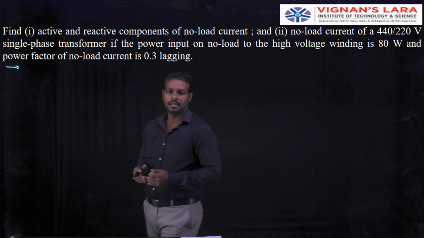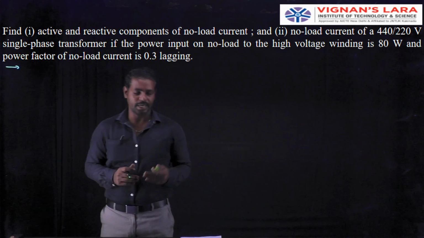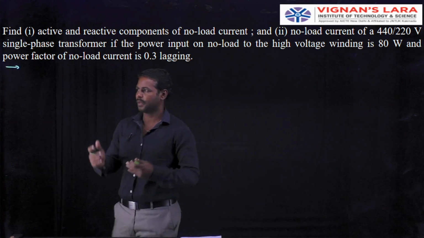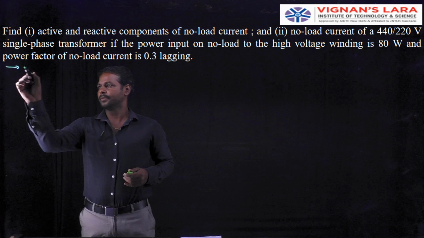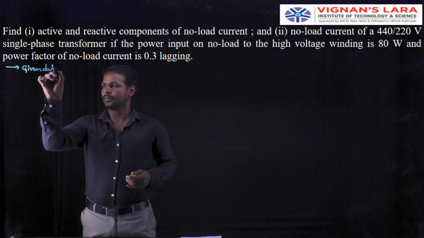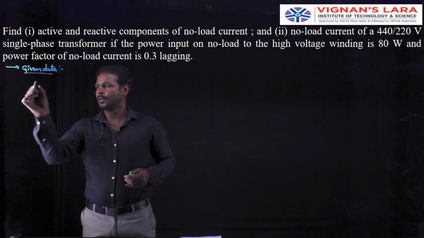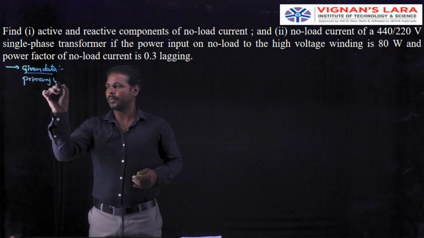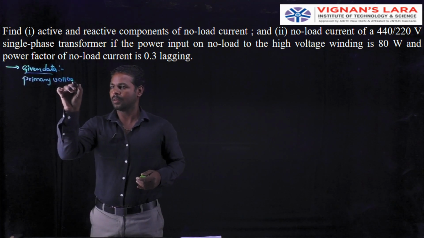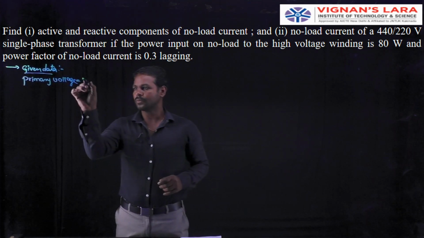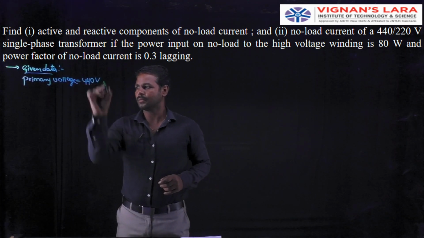These two components exist whenever the transformer operates on no load condition. The rating of the transformer is 440 volts by 220 volts. First of all we write the given data. Primary voltage is equal to 440 volts.